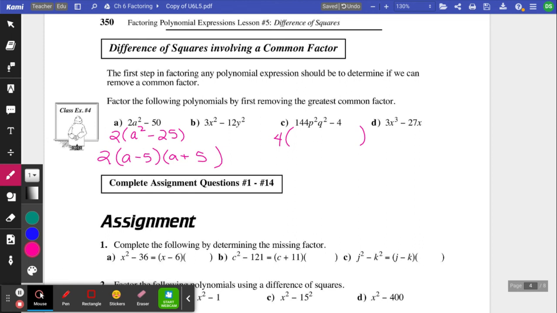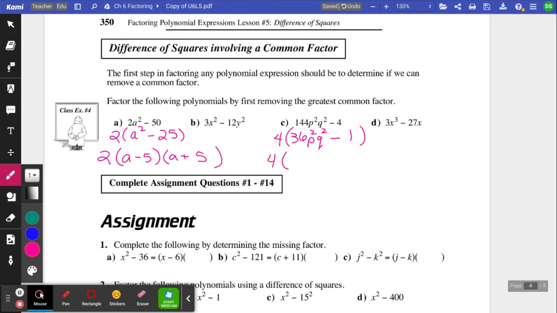1. Thank you. So we're going to have 36 p squared q squared take away what? Huh? I didn't put anything there? Yeah, you need to put a 1 there. Good call. If you don't put the 1 there, you can't get the 4 back. Now do you have a difference of squares? Yes.